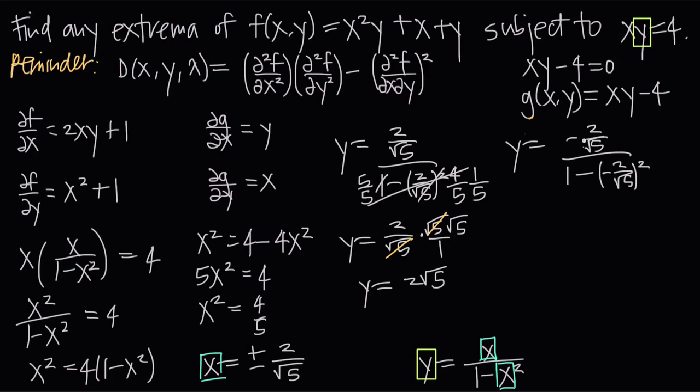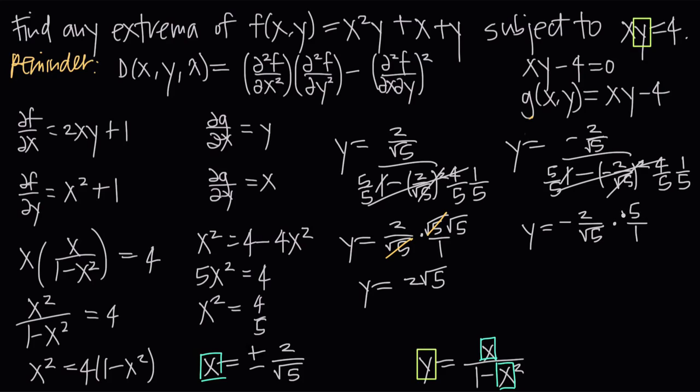But if we look at the value negative 2 over root 5, here when we square this value, the negative signs will cancel, and this is still going to be positive 4/5. So again, we get 5 over 5 minus 4 over 5, or the entire denominator is 1 over 5. So then we can say y is equal to negative 2 over root 5, and then instead of dividing by 1 over 5, we multiply by 5 over 1.